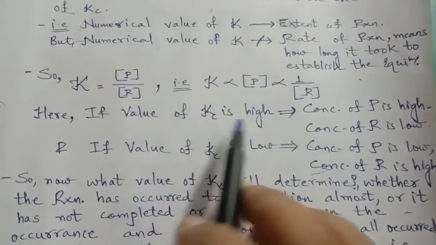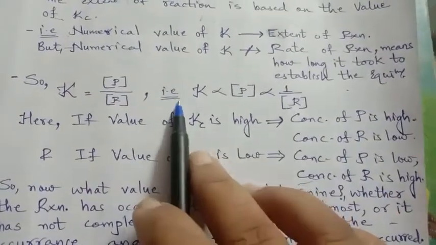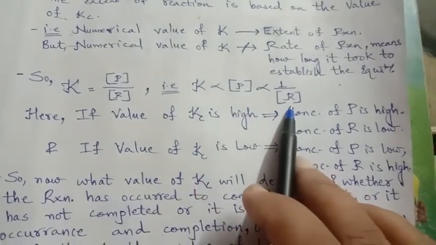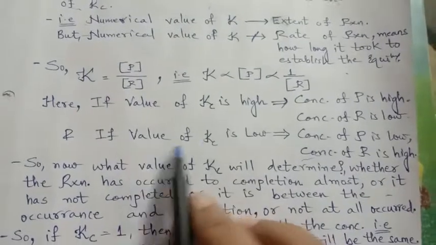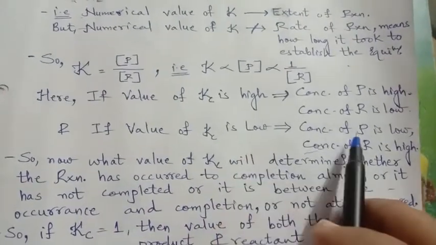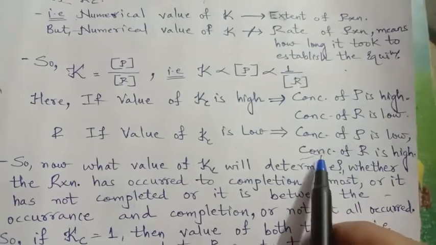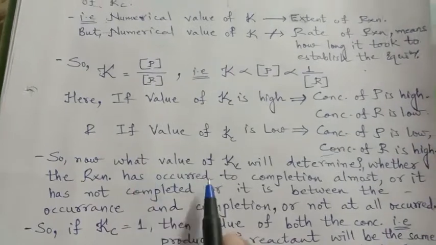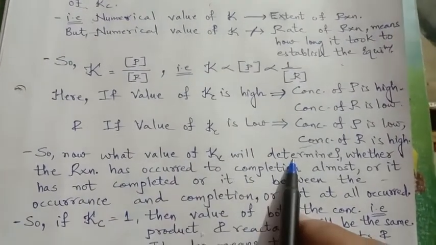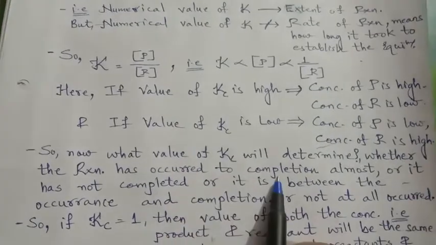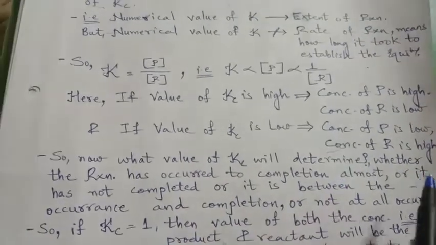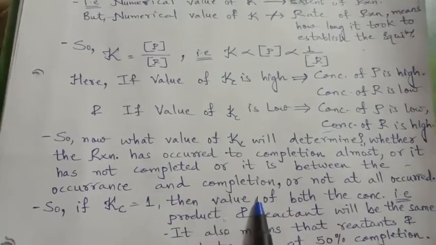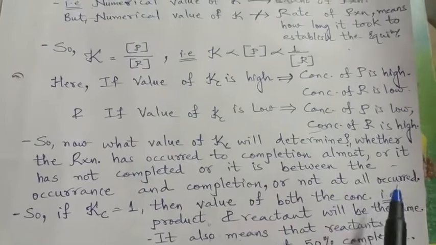If value of Kc is high, then concentration of product is high because directly proportional, and concentration of reactant is low because inversely proportional. If value of Kc is low, then concentration of product is low and concentration of reactant is high. So now, what value of Kc will determine whether the reaction has occurred to completion, almost to completion, or it has not completed, or it is between the occurrence and completion, or not at all occurred.